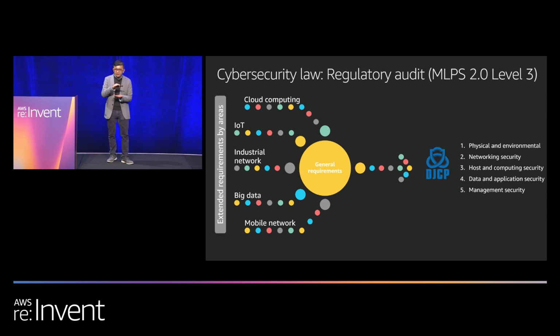I'm very glad to announce that both of the regions in China are MLPS 2.0 Level 3 certified. This again helps you if your customers ask you to prove that you are running in infrastructure that is MLPS 2.0 level certified. These are things that we can help provide to you.